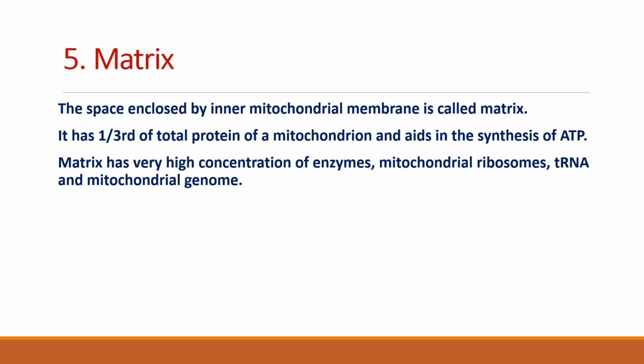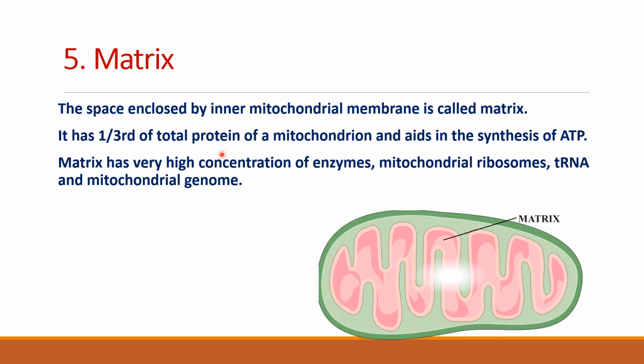Next component is our matrix. This matrix is enclosed by the inner mitochondrial membrane, and it comprises one third of the proteins that are present in the mitochondrion, and these aid in the synthesis of ATP.